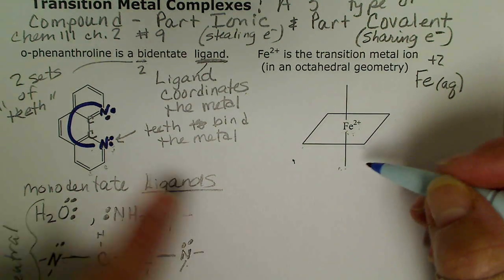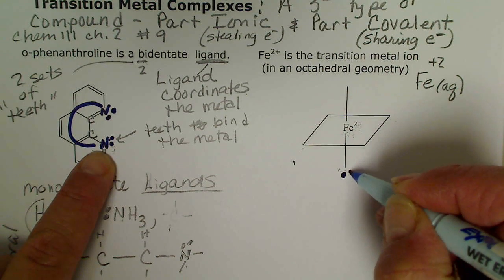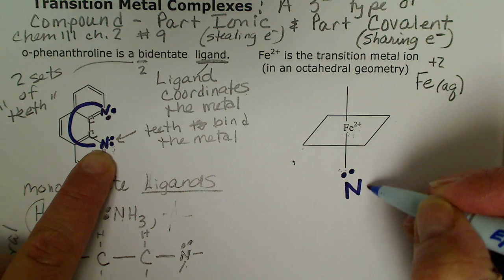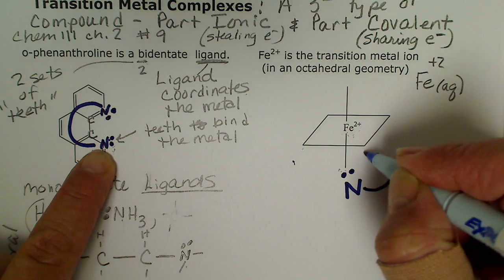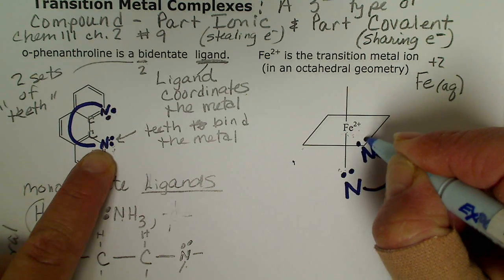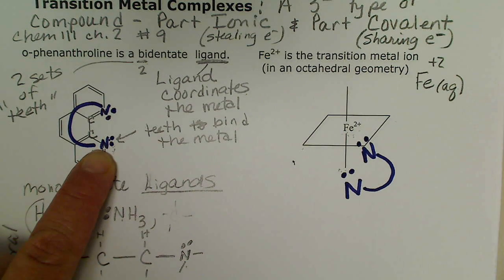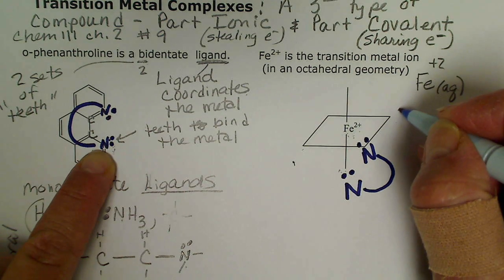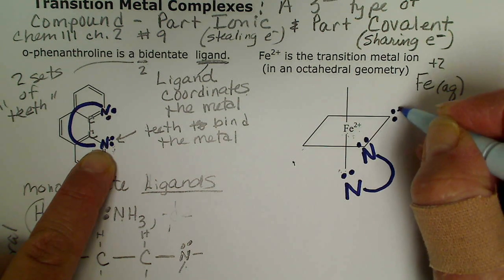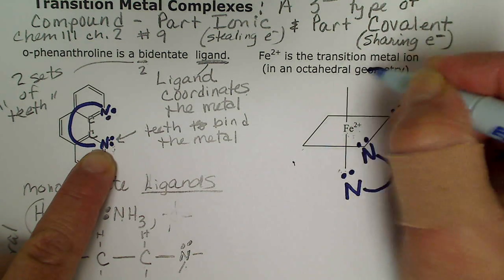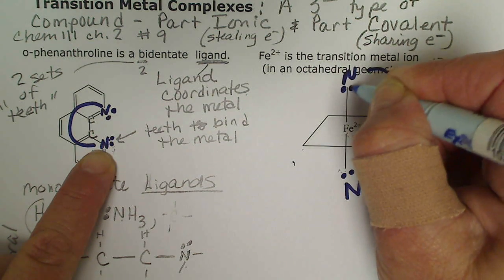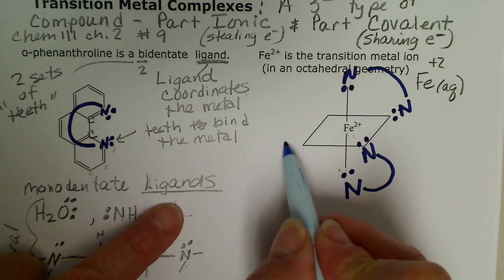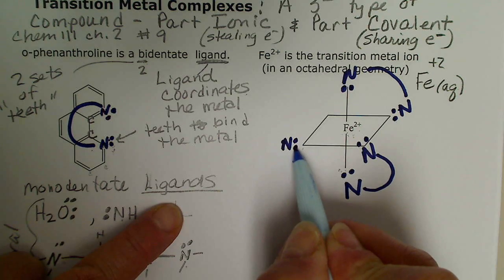Because the nitrogen's lone pair is actually what is attracted to the metal, I'm going to show that right at the coordinating sites of an octahedral geometry. So that would be one ligand and then a second orthophenanthroline molecule could wrap itself around as such, and then a third molecule.